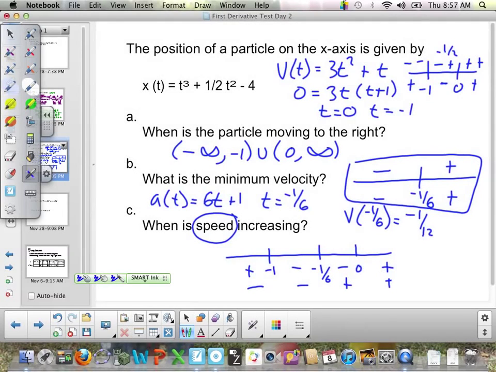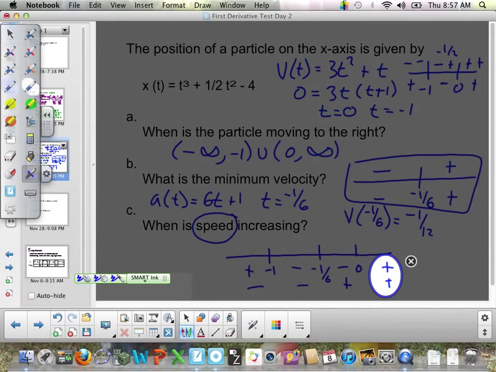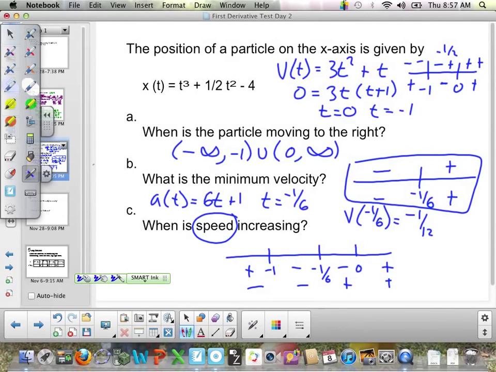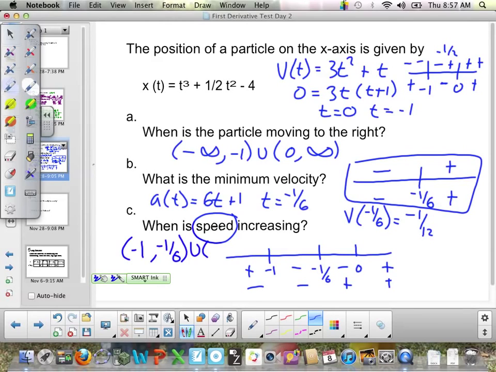So overall, our speed was increasing here and here. In other words, when the sign was the same for velocity and acceleration, our speed was increasing. So our speed is increasing from -1 to -1/6 in union with the interval from 0 to infinity.